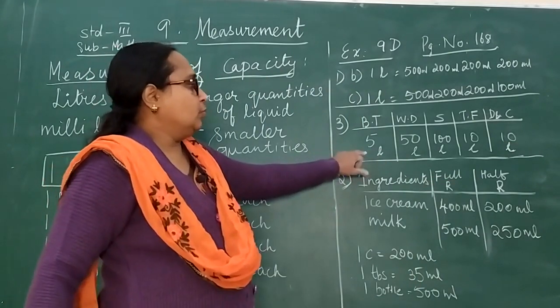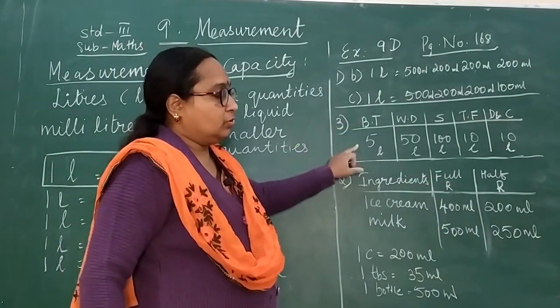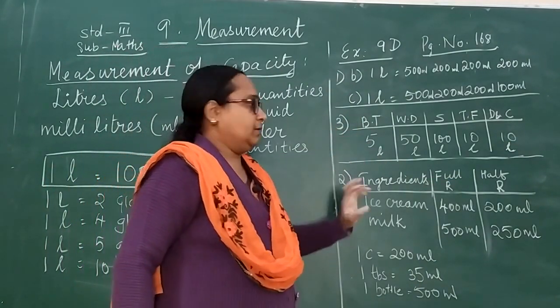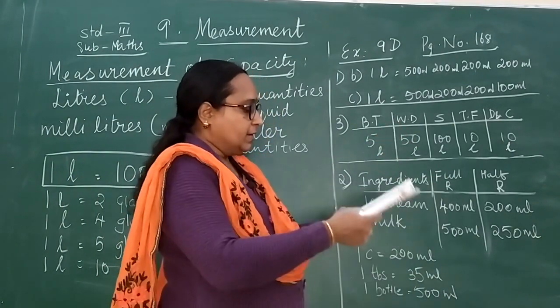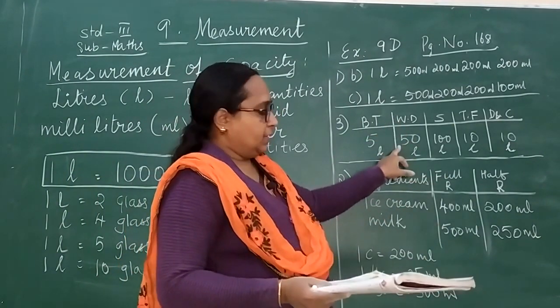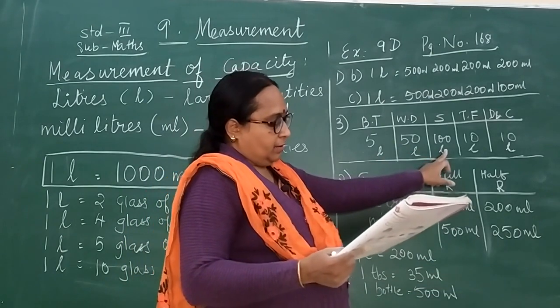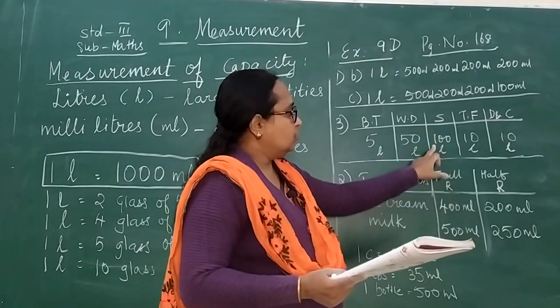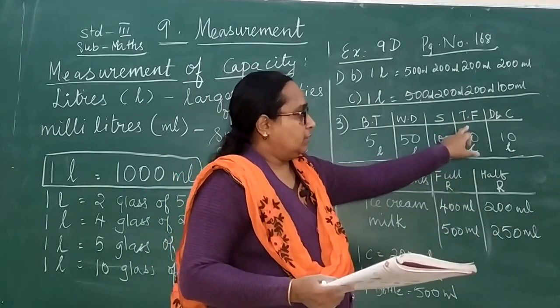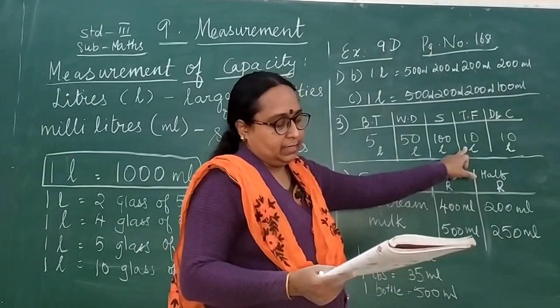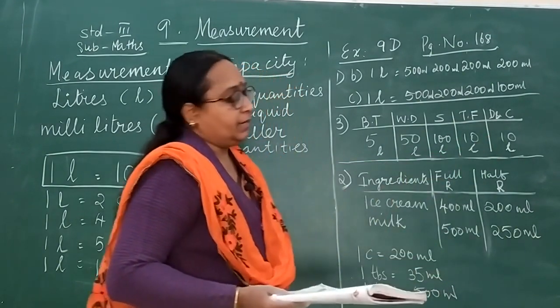So 5 liters you use for brushing your teeth, that too with the water running. Then for washing dishes, he uses 50 liters, right? Then for showering, 100 liters. For toilet flush, 10 liters. And for drinking and cooking, again 10 liters.